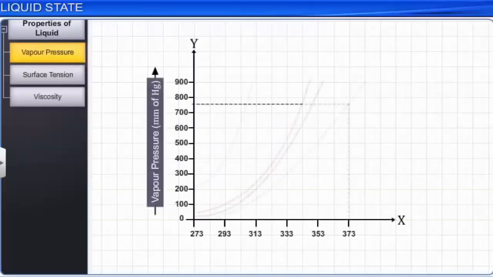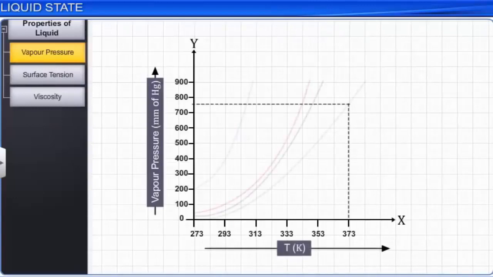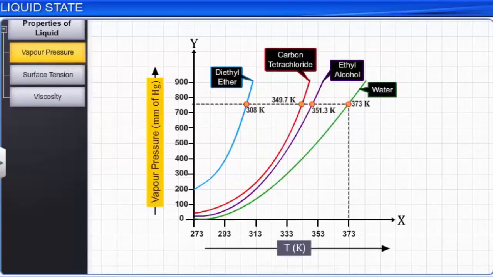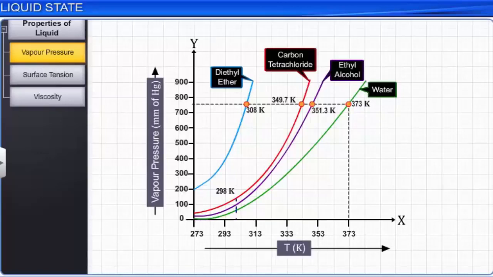The variations in the vapor pressure of various liquids with temperature are as shown here. From the graph, you can see that the vapor pressure of a liquid increases with an increase in its temperature. That is, at normal room temperature, 298 Kelvin or 25 degrees Celsius, liquids like carbon tetrachloride, ethyl alcohol and water have a low vapor pressure.